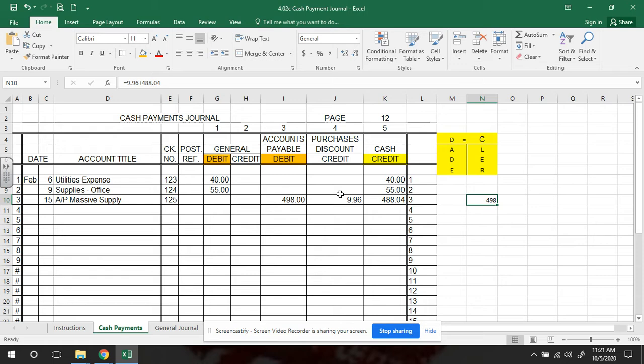So now my credit plus my credit equals my debit, and I'm good. I've paid Massive Supply off, I've saved some money, and I wrote the check for the difference. That's the most complicated these get.